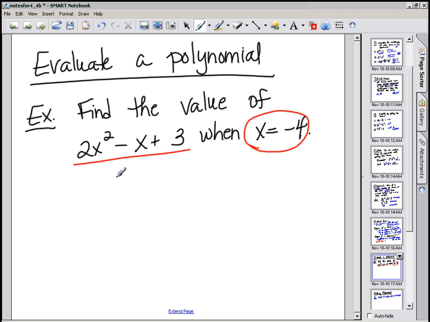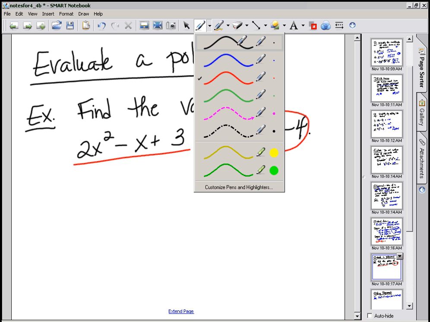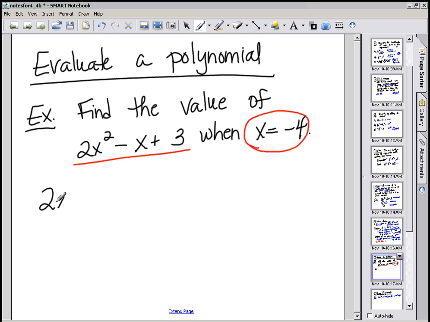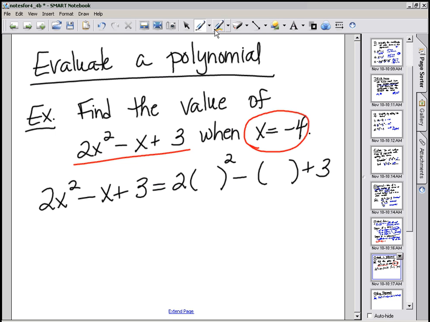And so in this polynomial, 2x squared minus x plus 3, I want to replace my x with negative 4. One thing I like to do is first put in parentheses in place of the x, or in place of the variable, and then fill in the value that you're given.